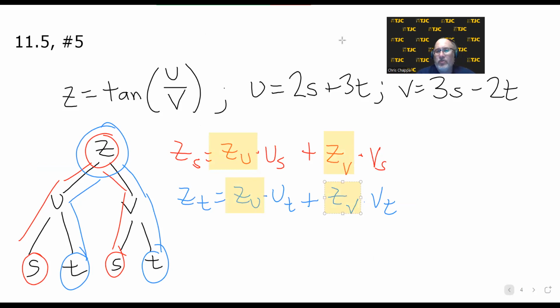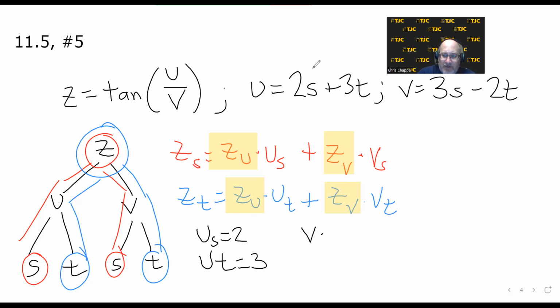We also need the partial derivatives of u and v with respect to s and t. Those will be easy because their derivatives are linear. I'll rewrite the expressions over here so we remember what they are. Let's see. Oh, they're already up there. All right, partial of u with respect to s is just 2. Partial of u with respect to t is 3.